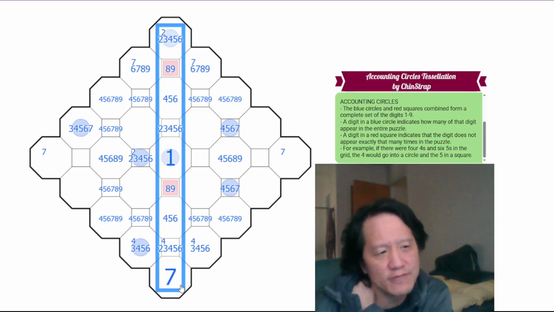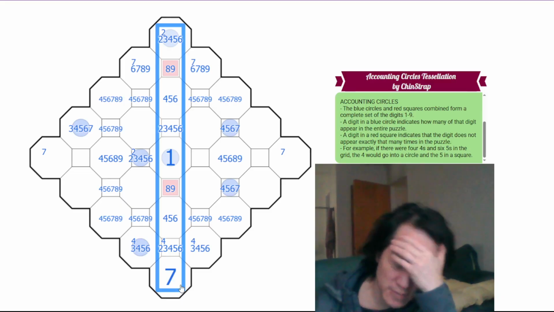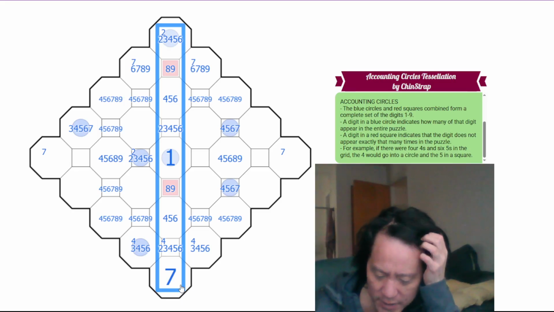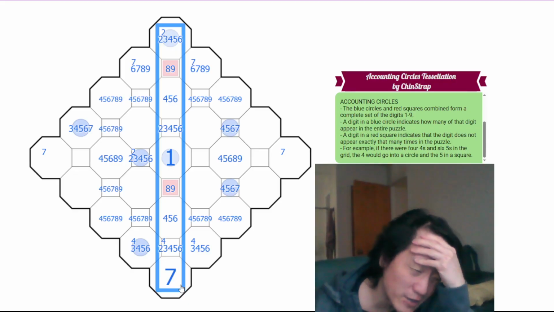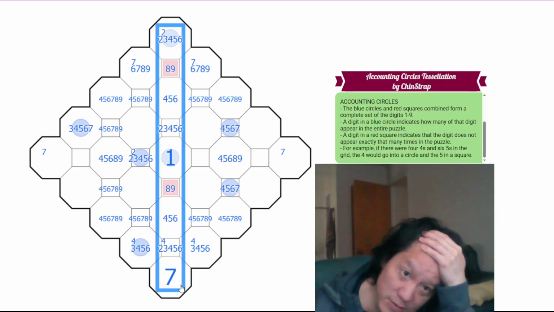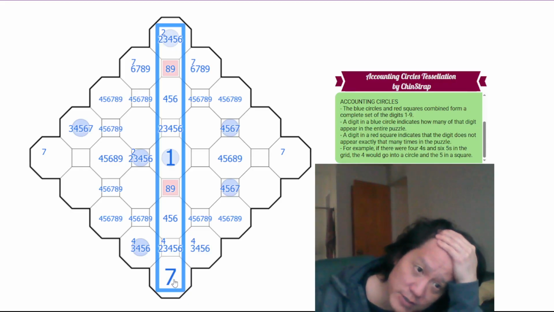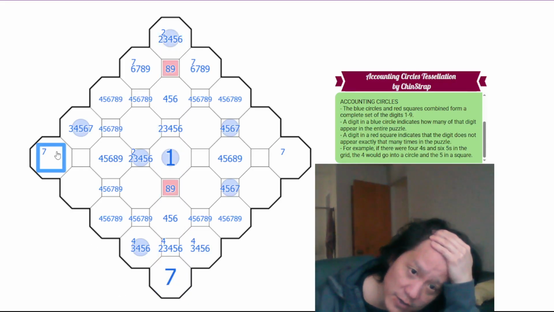You just can't have eight of a digit in this puzzle. So therefore, that means eight and nine have to be in the squares, I think. Right? Because if you try to have 8 here, that means 8 can't be here and 8 can't be here.